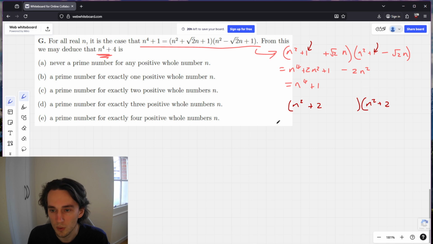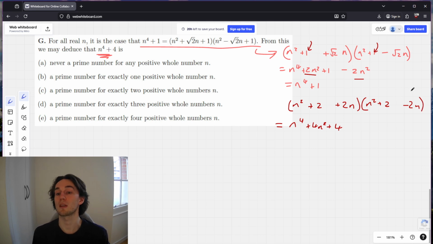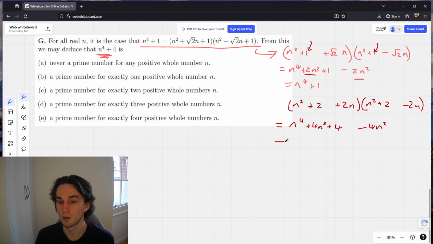Now, of course, if we square that term, then the first difference of two squares term we're going to get will be plus 4n squared plus 4. So rather than getting rid of 2n squared, we're going to want to get rid of 4n squared, which lets us know that this should be plus 2n and minus 2n to give us our minus 4n squared term. Equals n to the 4 plus 4.